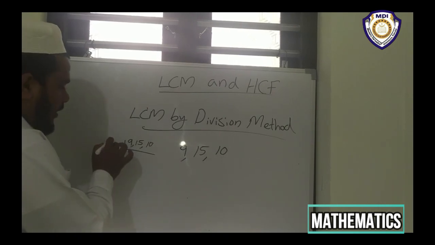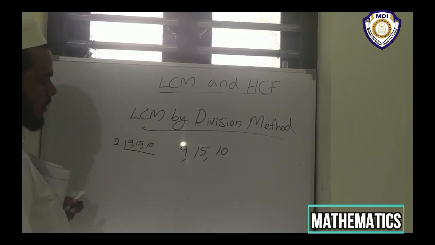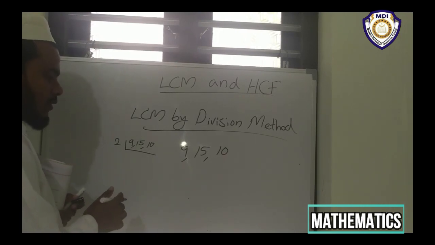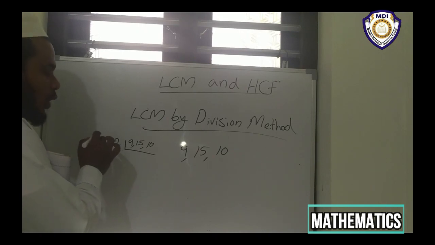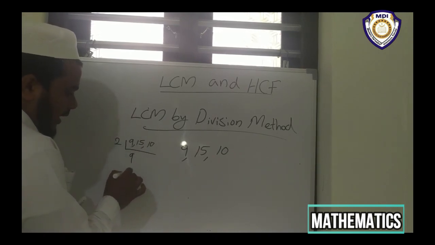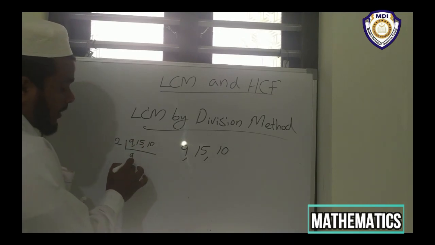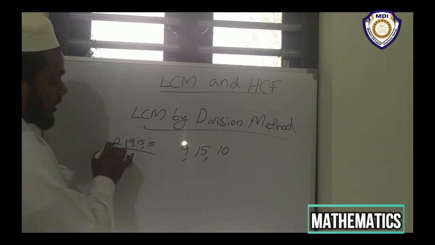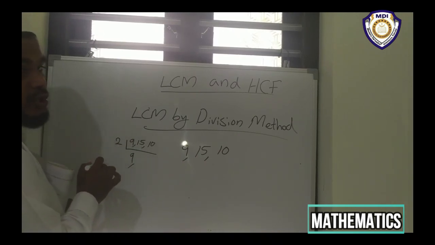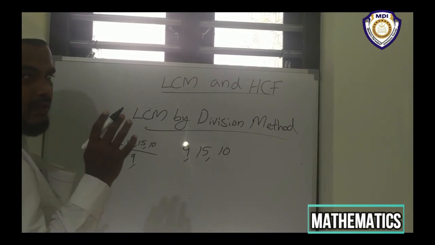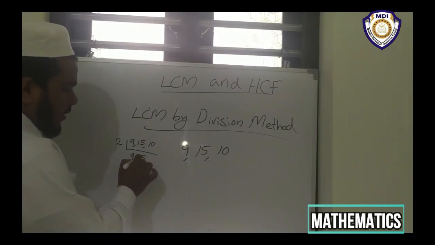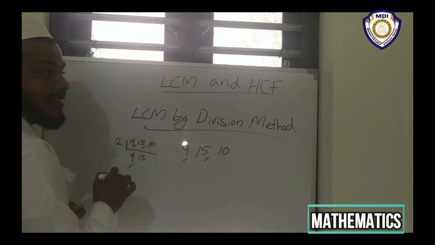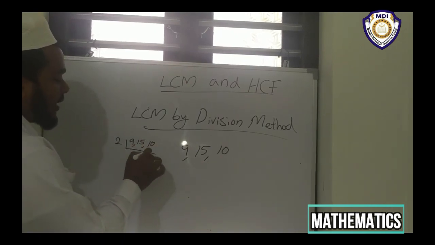No common number, then you can take 2 or 3, whatever may be. 9 is not divided by 2, so you just write down 9. Then 15, you cannot divide 15 by 2 because there would be a remainder. You should divide exactly, so you write down the 15 below. Then 10, yes, you can. How many 2s are there? 5.